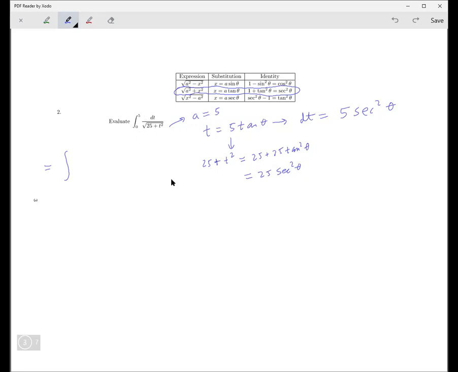So when that happens, what you might want to do is just go ahead and change the limits of integration. So let me do it both ways, though. Let me do it without changing the limits of integration, and then later with changing the limits of integration. But I think if you're integrating from 0 up to your a, then that's going to turn out pretty nicely. You're going to get nice angles that you can put in there.